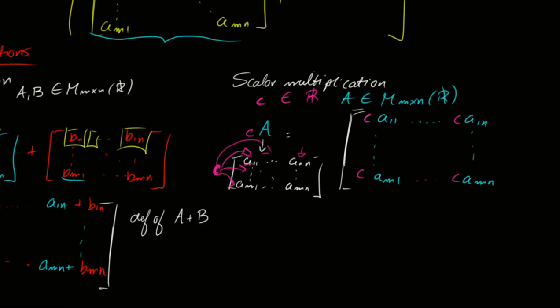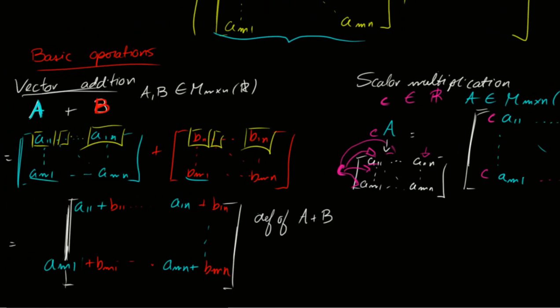Okay, and this happens really everywhere. I just use the bounds to show that if it happens at the most extreme points, then it happens everywhere, really. Okay, so that's how you define vector addition and scalar multiplication for m by n.